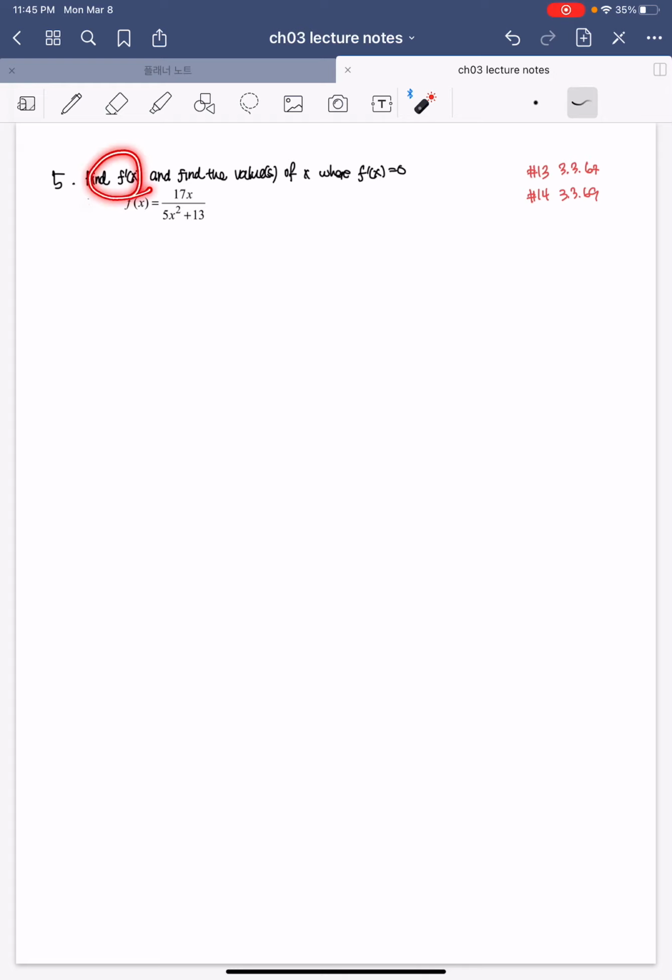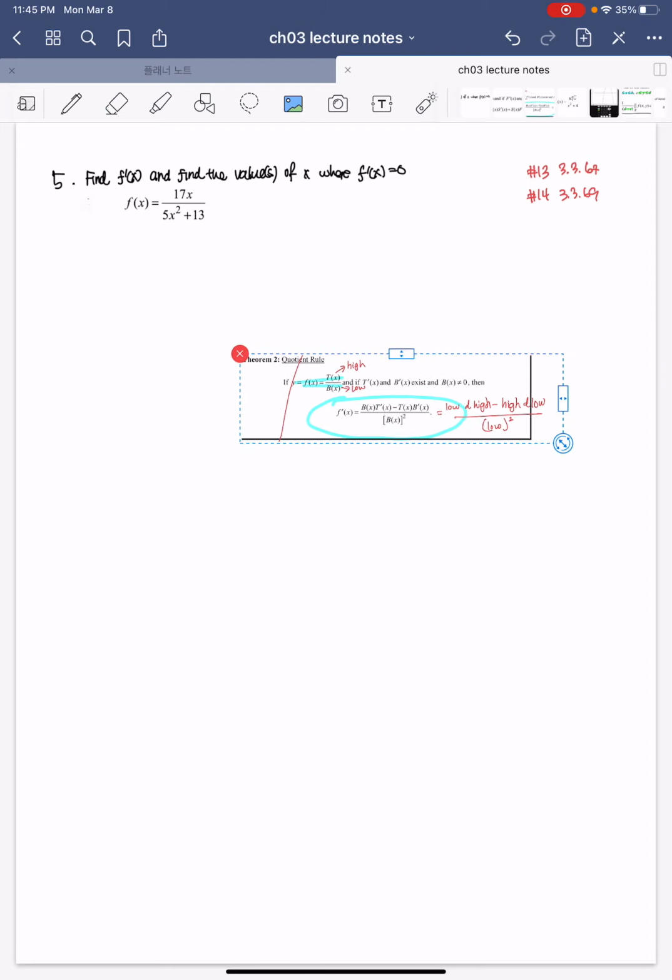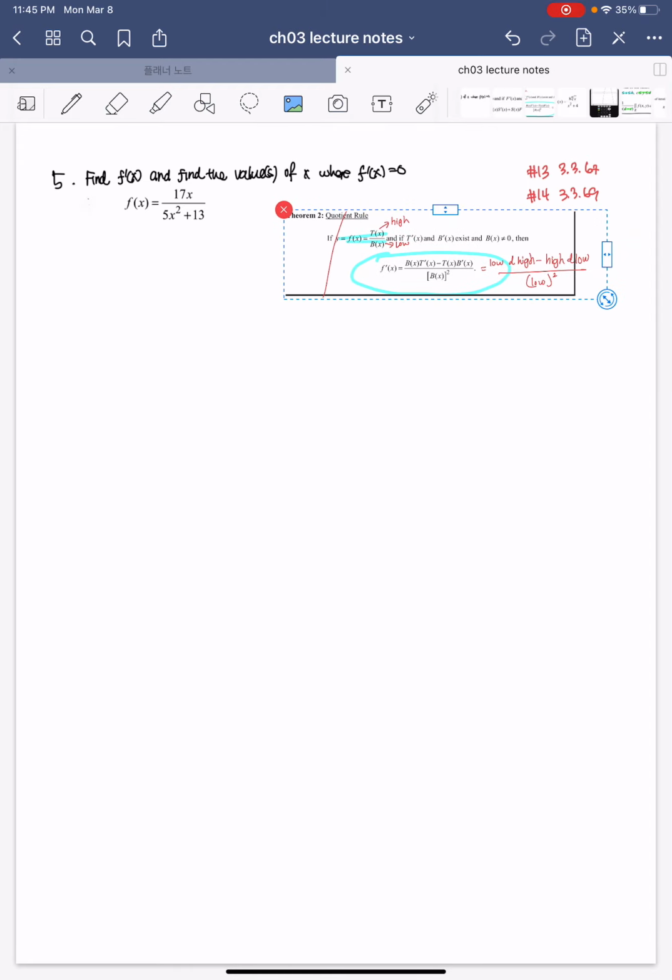After you find the derivative, they want you to find the x where the derivative function, the whole thing, is equal to 0. So we are going to set the derivative function equal to 0 and solve for x. I see the fraction, a quotient, so I'm going to use the quotient rule right over here. Let's start taking the derivative first.